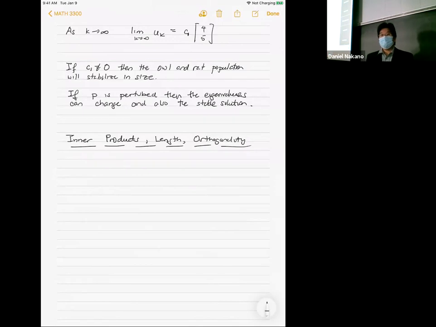Basically, the idea of the inner product is just the dot product. We've seen this before.